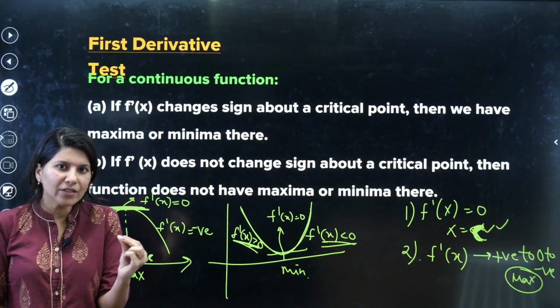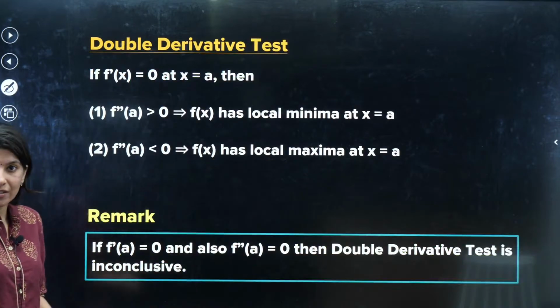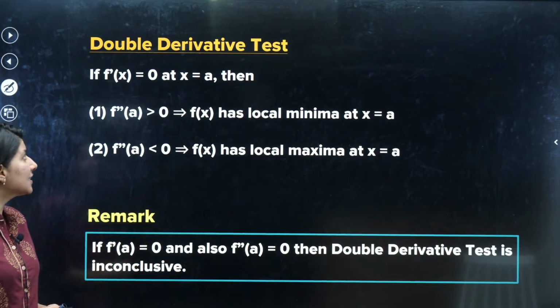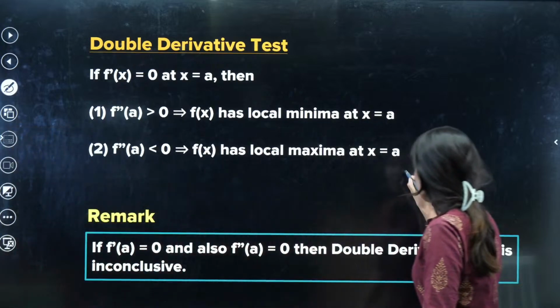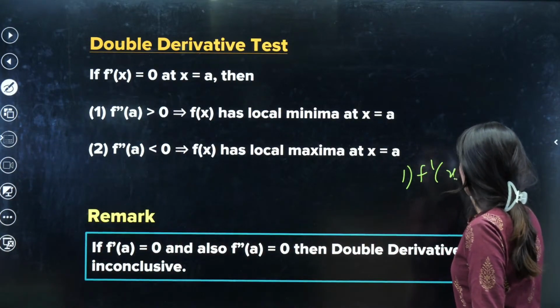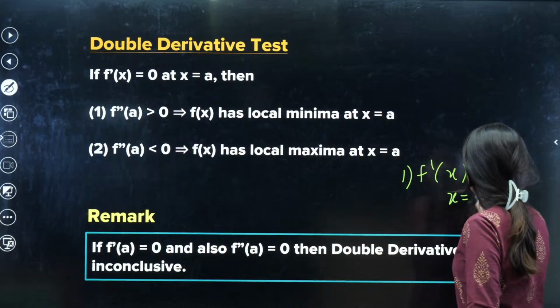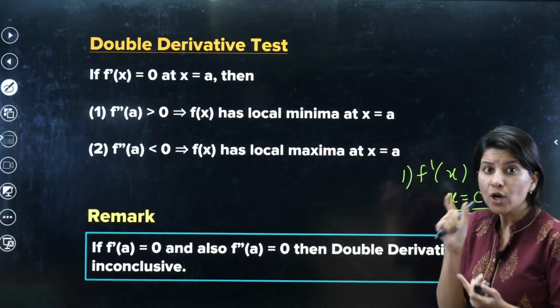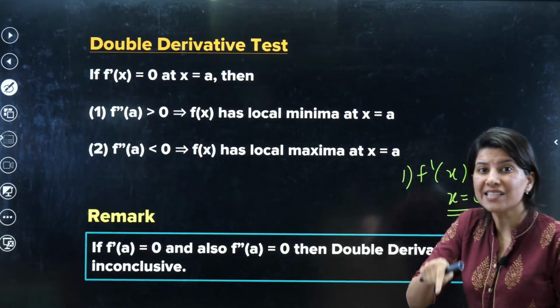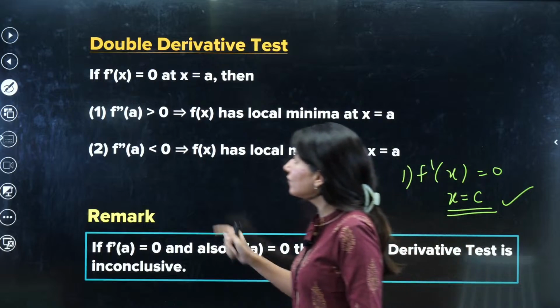A similar method but with a little difference, which is the second derivative test. The second derivative test says that you go by the same method. You first calculate f dash x equals 0, x equals c1, c2, get all the critical points, and at all the critical points, you check the second derivative, that is f double dash.